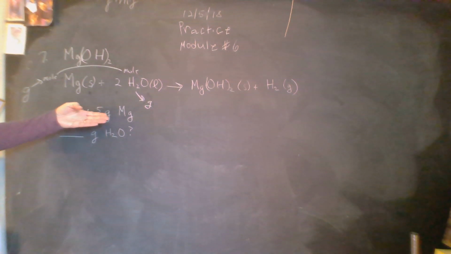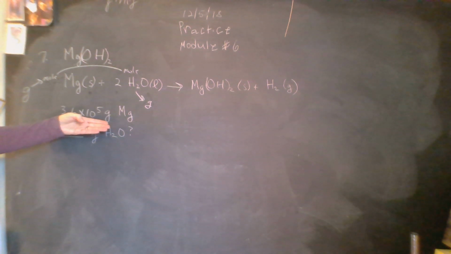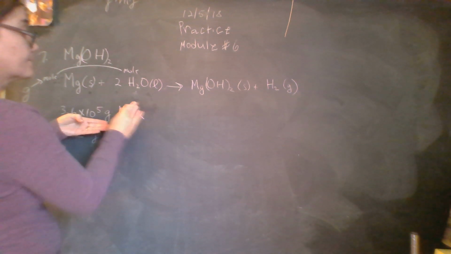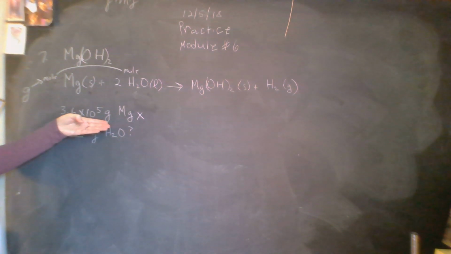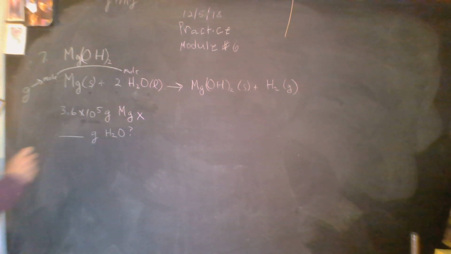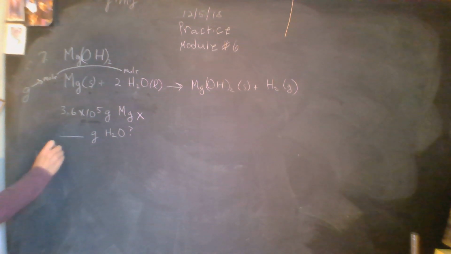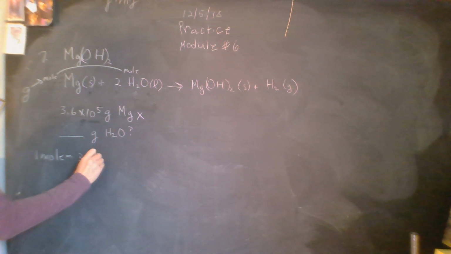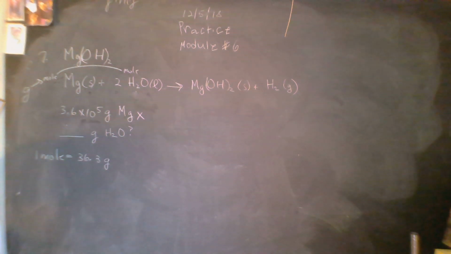You tell me. I've been telling you for 6 modules. 3.6 times 10 to the 5th grams of magnesium times, what's the conversion unit? 1 mole equals 24.3 grams of magnesium.